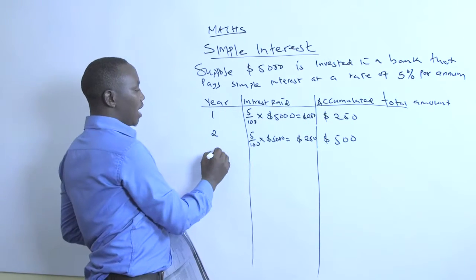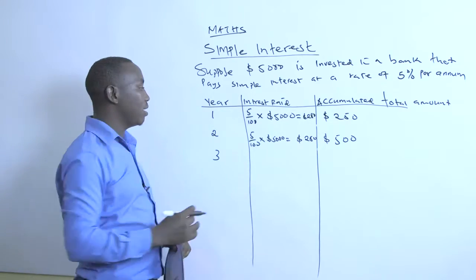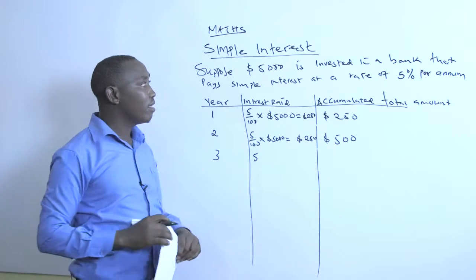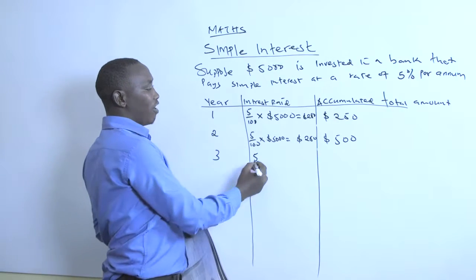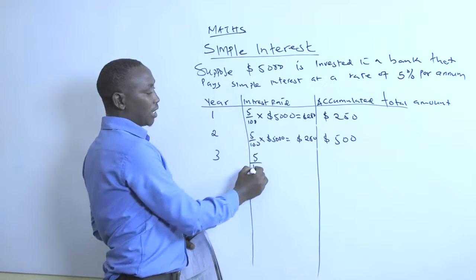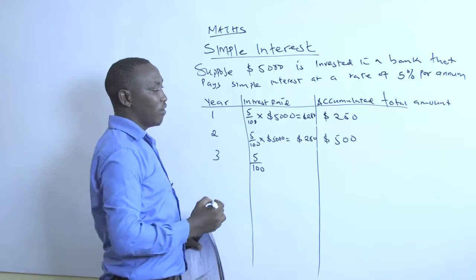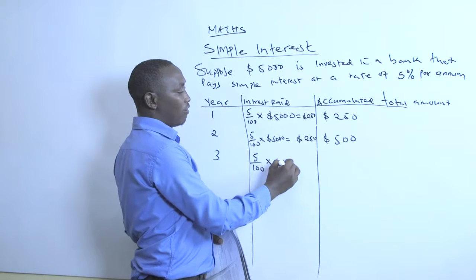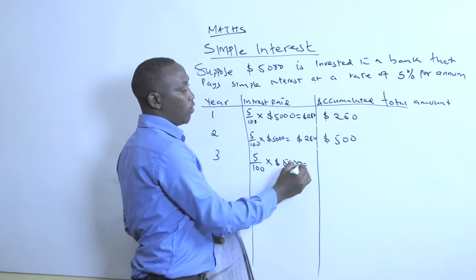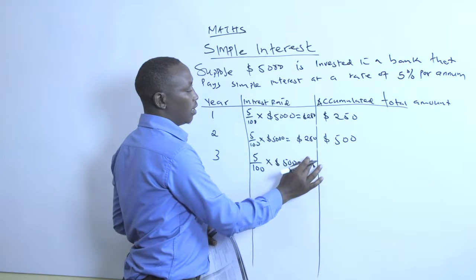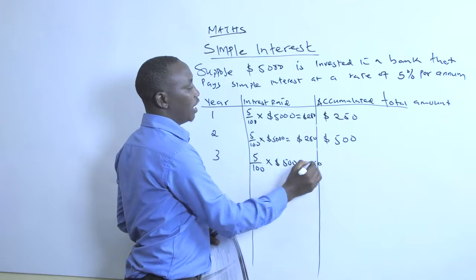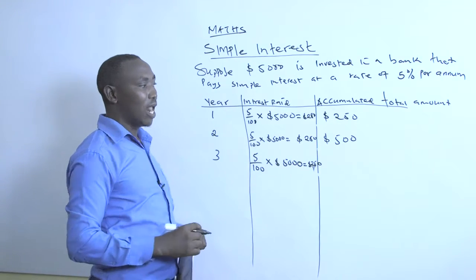When you go to the third year, the same thing will happen. The 5,000 US dollars will still accrue a 5% interest. In that particular case, we shall have 5 over 100 multiplied by 5,000 US dollars, which will still give us 250 US dollars.